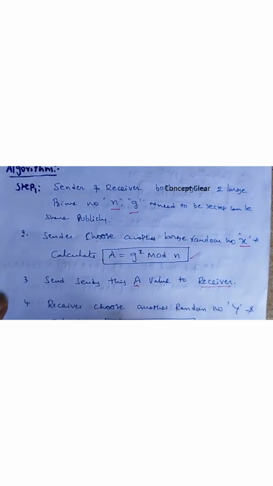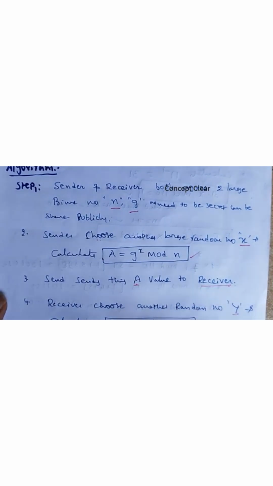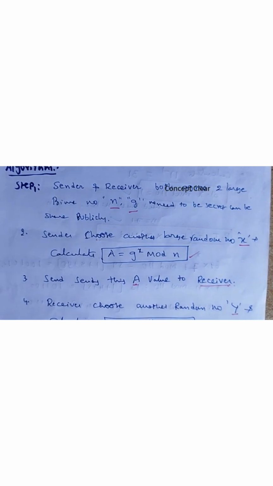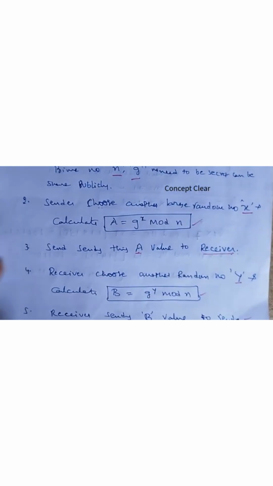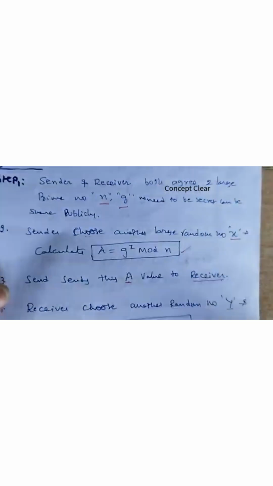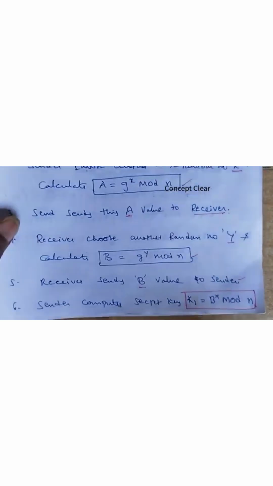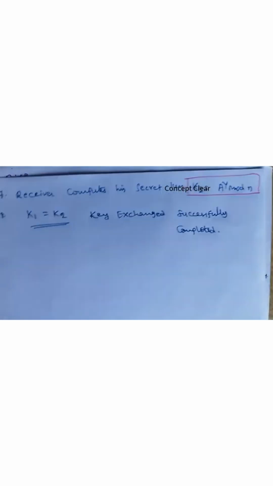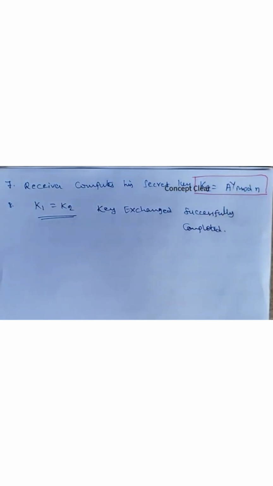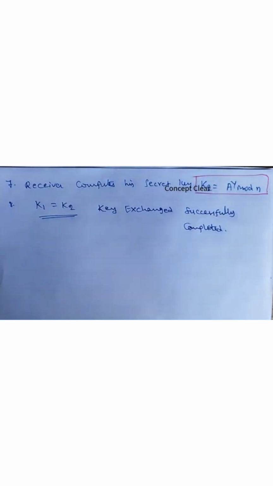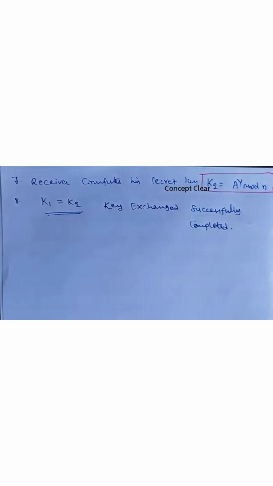Next, the receiver chooses another random number y, calculates the b value, and sends the b value to the sender. Finally, the sender calculates the secret key k1, and the receiver calculates the secret key k2. If both keys k1 and k2 are equal, then the key is exchanged successfully. We will see one example.